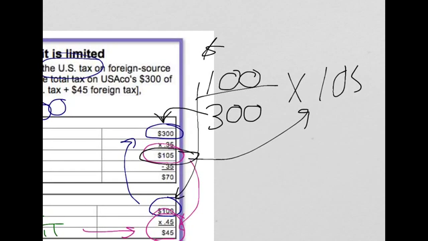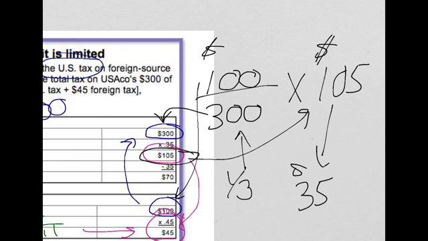And I'm going to do the math in my head, because the problem basically indicates what it's going to turn out to be. This is really 1/3. The fraction here is really 1/3. So 1/3 of 105, this turns out to be rounded $35. That's the foreign tax credit limit.